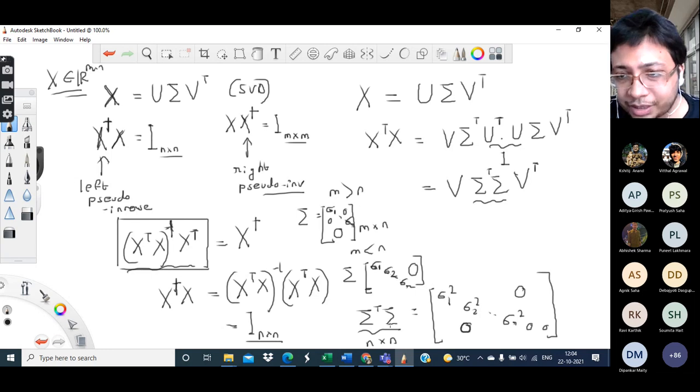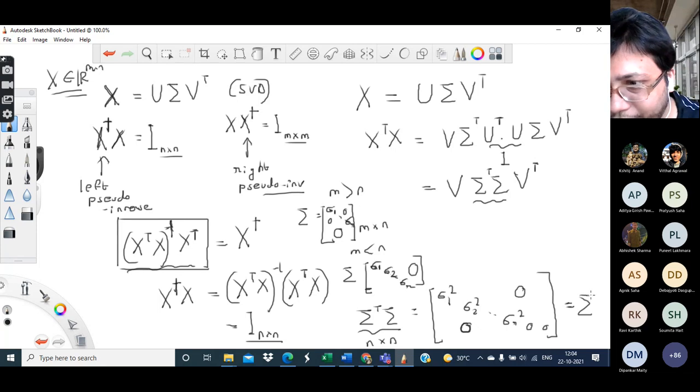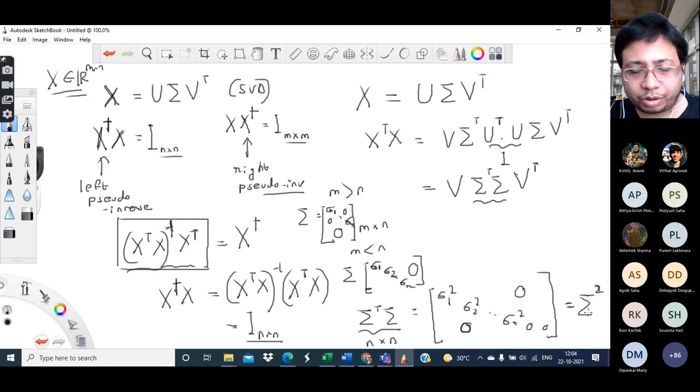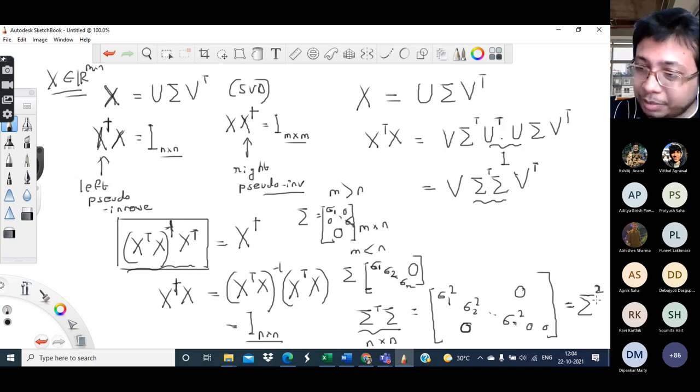So this sigma transpose sigma matrix, let me write it as capital sigma square. This is a slight abuse of notation, because sigma transpose sigma is not exactly sigma times sigma, which is strictly speaking not the case, but let me write it like this.